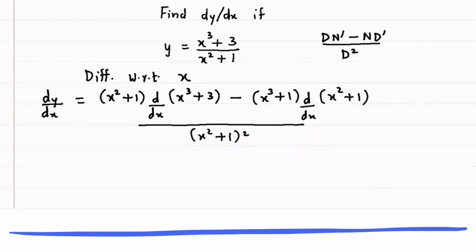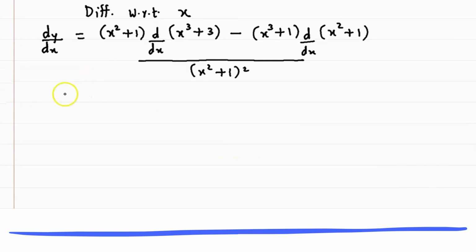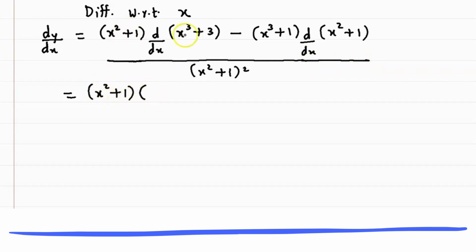Now proceeding further, we get, now this term remains as it is. I'll just extend this a bit. The first bracket remains as it is, that is x square plus 1 into, now here we take the derivatives of these two terms. Derivative of x cube is 3x square, derivative of 3 is 0.